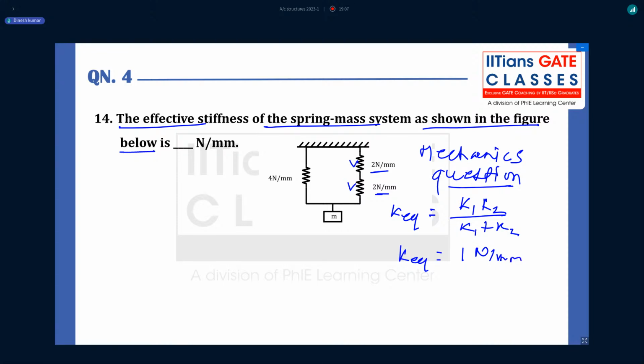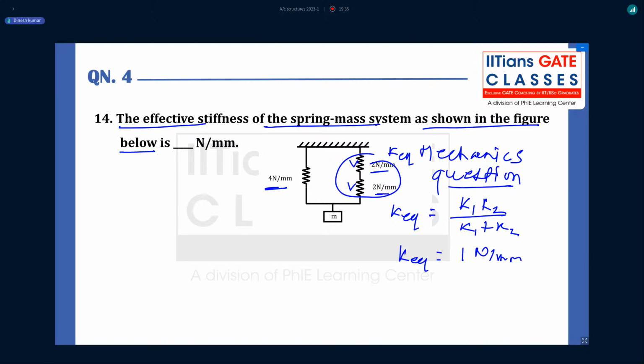Now you can see this K equivalent and this spring are in which combination, guys? Those who are watching on the channel, they are in parallel.